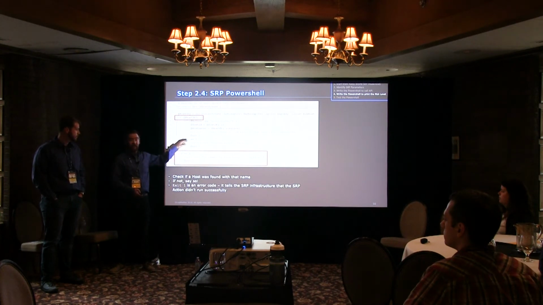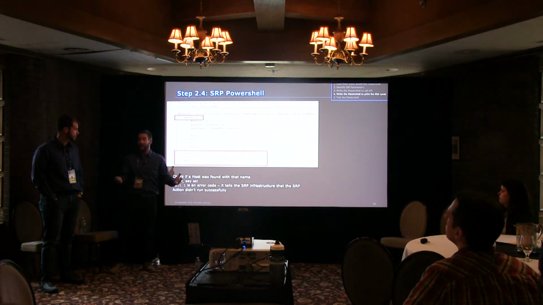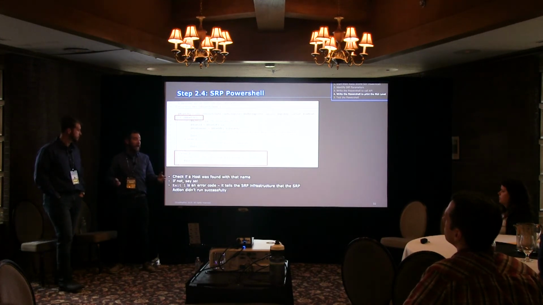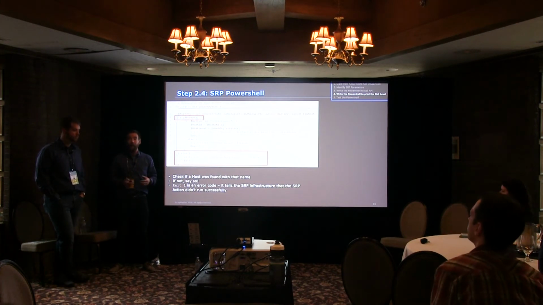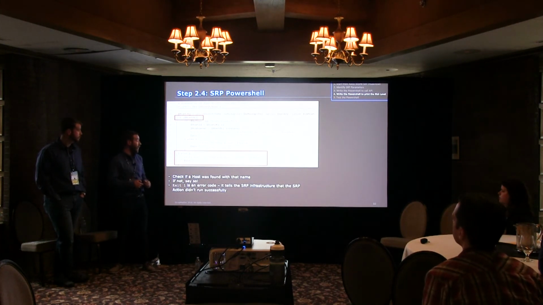These exit 1 and exit 0 is how the SmartResponse infrastructure knows, did it succeed or did it fail? So if you're using those exit codes correctly, that's going to bubble the infrastructure information for you to be able to use this later on. So we're writing an error that the host wasn't found.